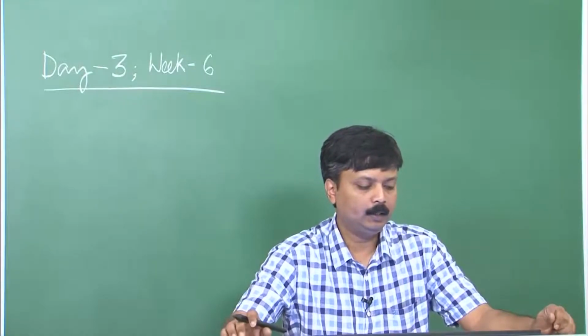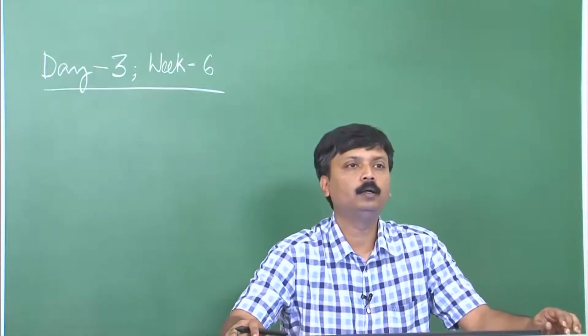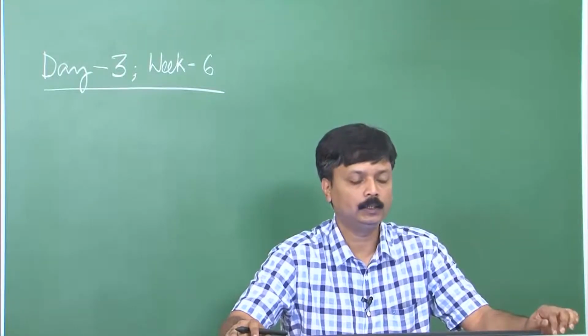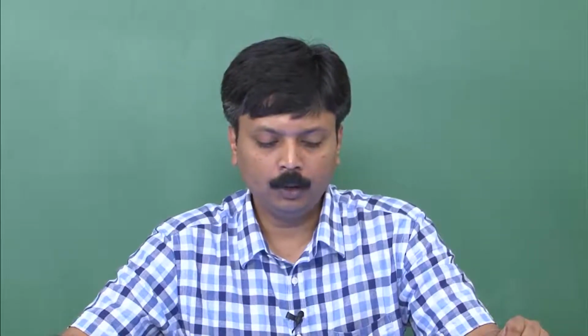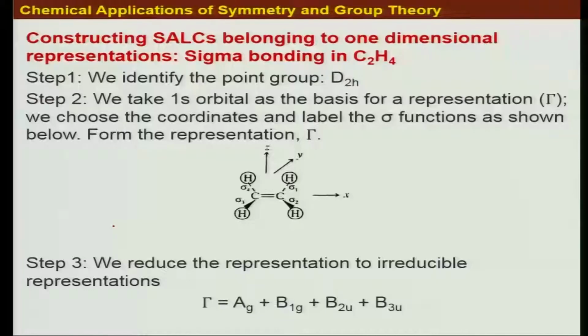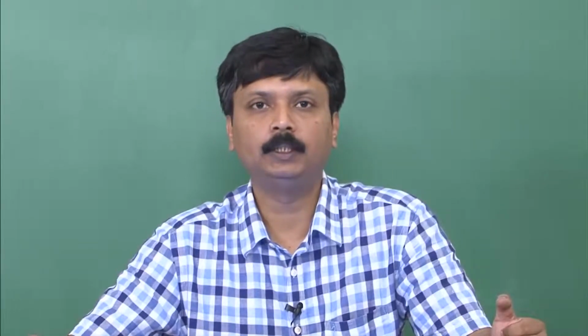So let's see what we learned in the last 2 or 3 classes. We learned how to deal with the so-called projection operator, which is used to form the symmetry adapted linear combinations or SLCs. In the previous class, we particularly learnt about one type of projection operator, which we called the incomplete projection operator, which is formed by using the characters of the irreducible representations.